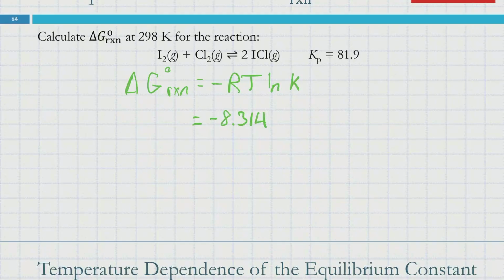So negative 8.314 joules per mole Kelvin times 298 Kelvin times the natural log of 81.9.